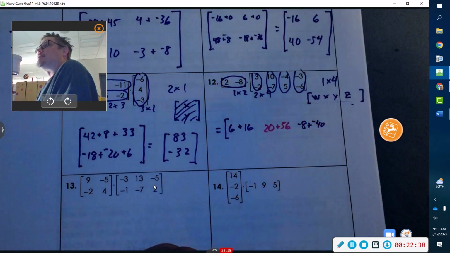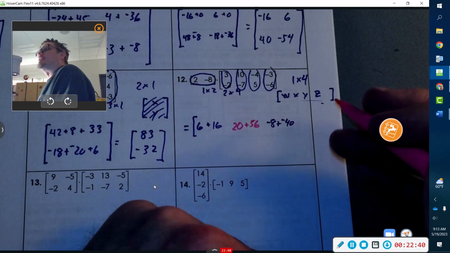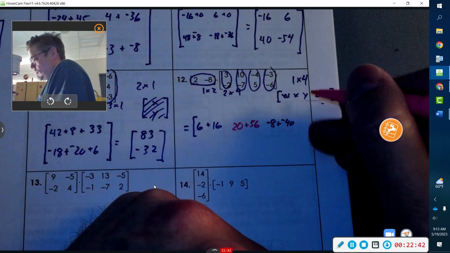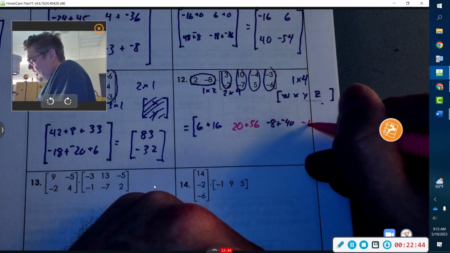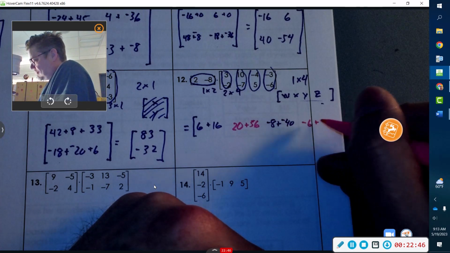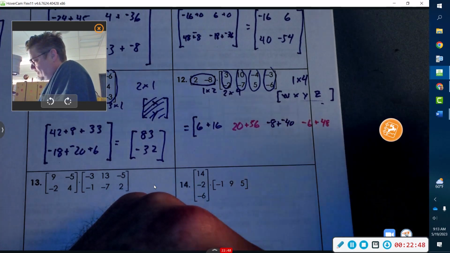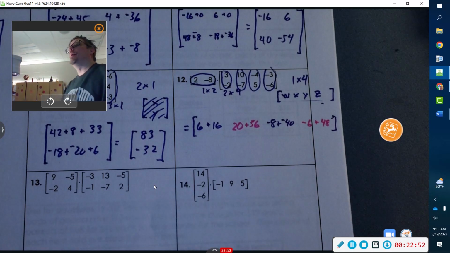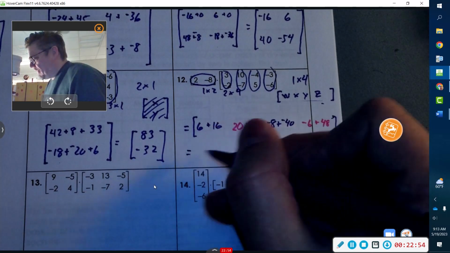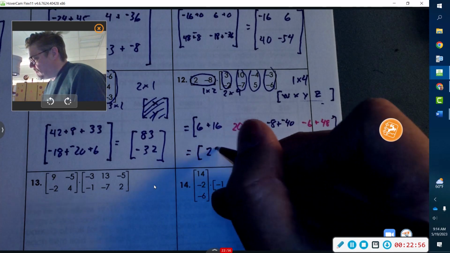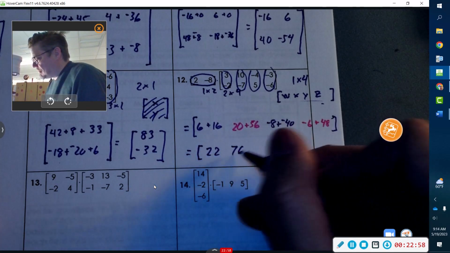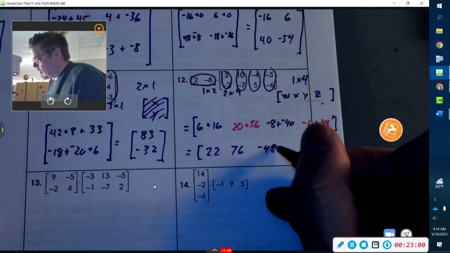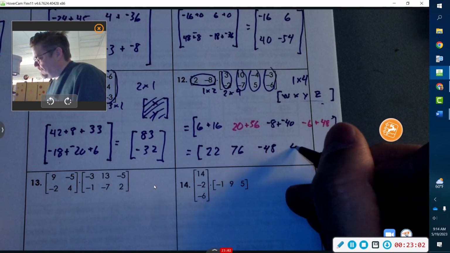I'm going to switch colors. Last one. Negative 6 plus 48. So there is my 1 by 4. My final answer is going to be 22, 76, negative 48, and positive 42.